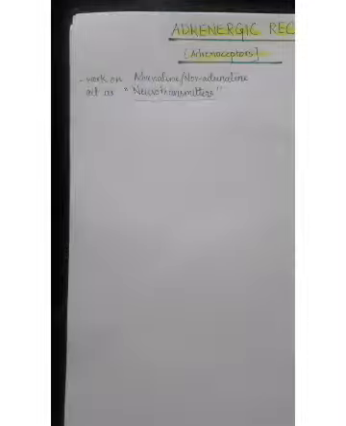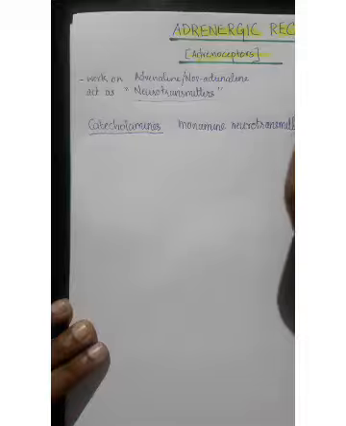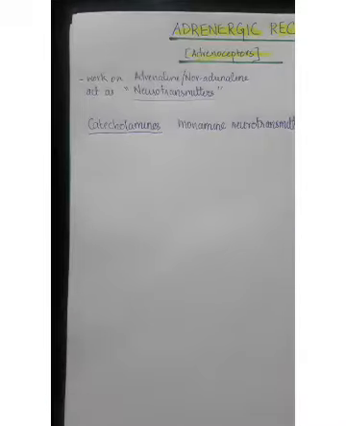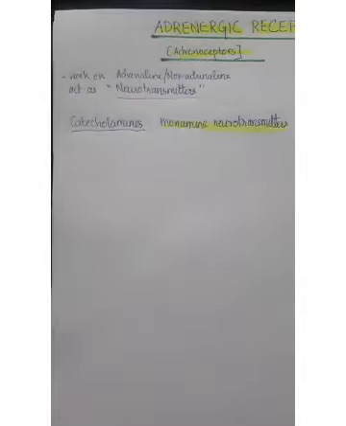Now, the effect of catecholamines in the central as well as peripheral nervous system appears to be mediated through interactions with this class of receptors, which are called adrenergic receptors. We need to know what catecholamines are. Catecholamines are monoamine neurotransmitters. They are the hormones produced by the adrenal gland.